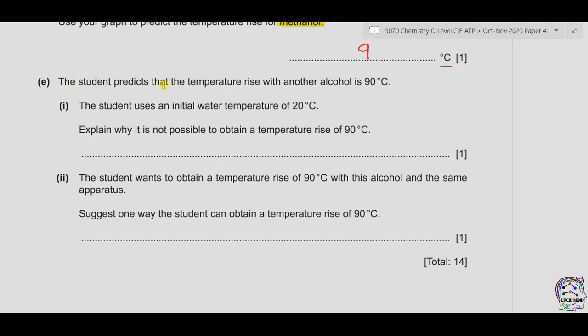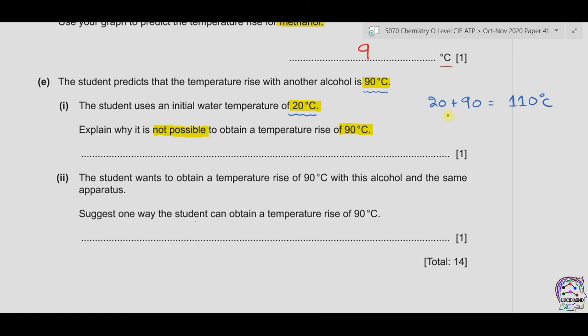Part E, the student predicts that the temperature rise with another alcohol is 90 degrees centigrade. The student uses an initial water temperature of 20 degrees centigrade. Explain why it is not possible to obtain a temperature rise of 90 degrees centigrade. As the initial temperature was 20 degrees centigrade and rise was 90 degrees centigrade, so the total temperature must be 20 plus 90, which becomes 110 degrees centigrade.